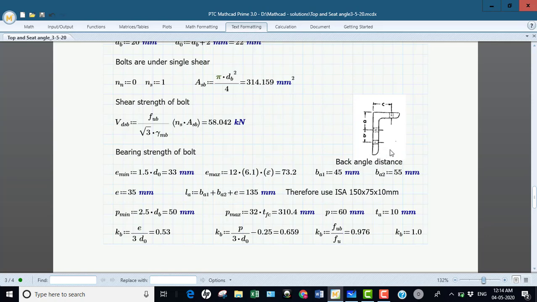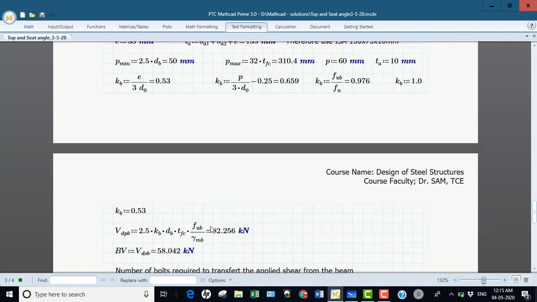This I have referred in SP6 part 1 on page number 168, where the back angle distances for the two lines of bolts are given in the code. Therefore I'll take that as the first distance and second distance plus edge distance. So the length of this leg must be 135, but I had 150. Therefore the chosen section is able to give space to provide the assigned end distance.